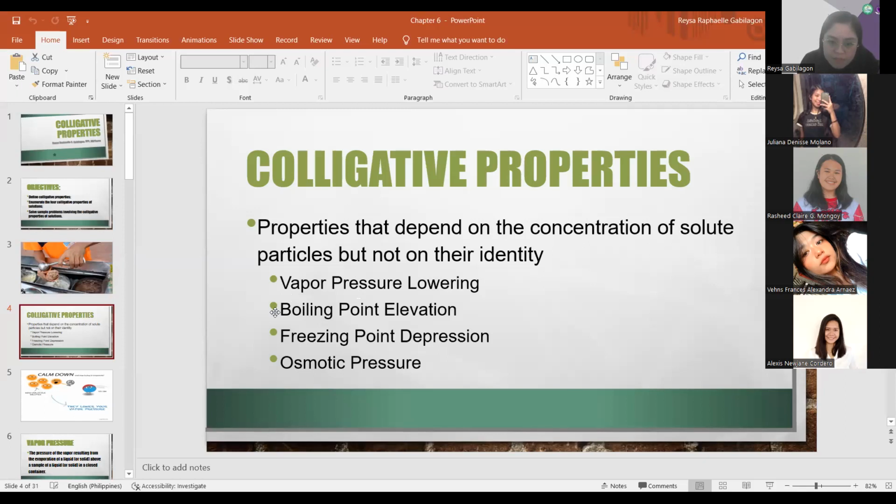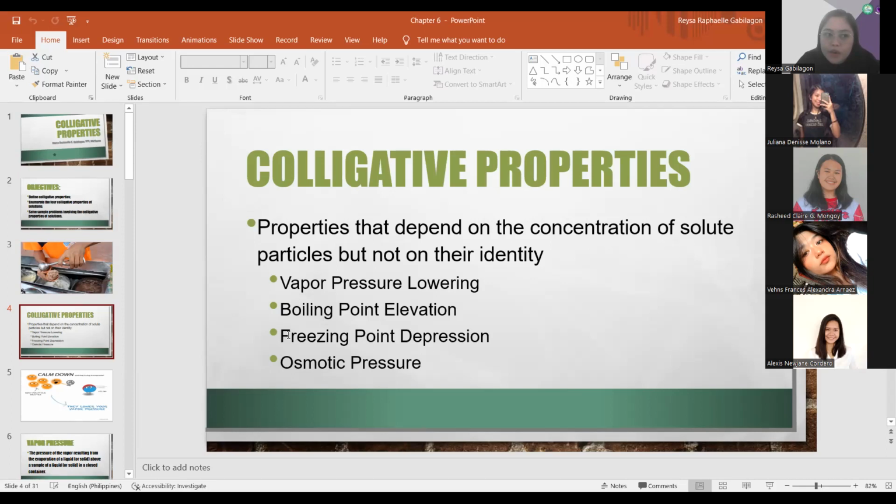And then we have boiling point elevation. If you add more solute to a solution, it will increase the boiling point. So it will take a higher temperature before the solution boils. And then we have the freezing point depression. It's the vice versa of the boiling point, because when you add solute to a solution, the freezing point will be decreased.